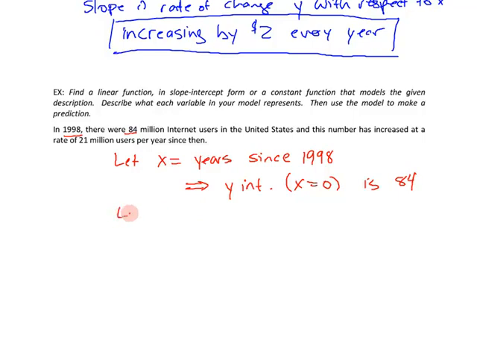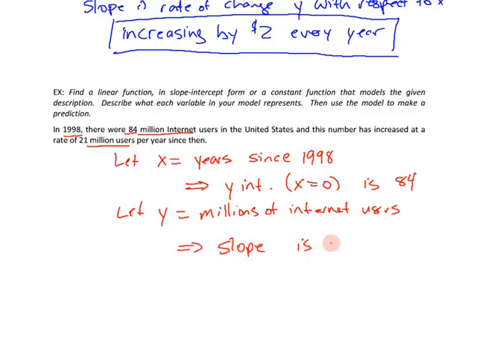We're going to let y be the millions of internet users, because that's the information we're given, and the rate of change is also in millions of users per year. So my slope is 21, because that's the rate of change per year, 21 million per year.